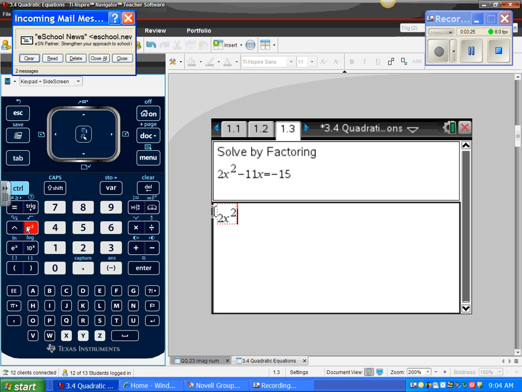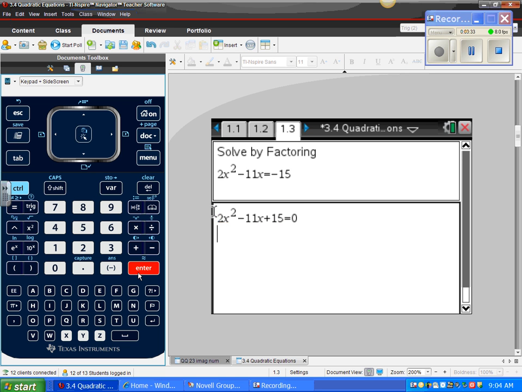2x squared minus 11x plus 15 equals 0. Excellent. Okay. Now we talked about factoring these yesterday, right? We know they take a little practice, a little work. But since this one starts with a 2, this should be a little bit easier. I know it's going to start with what? 2x and x.